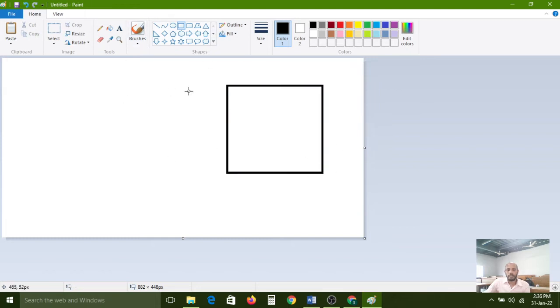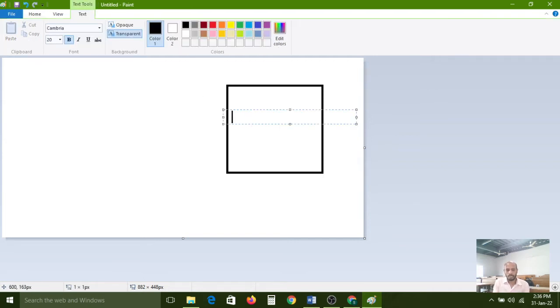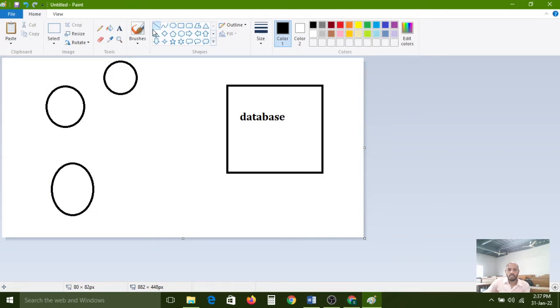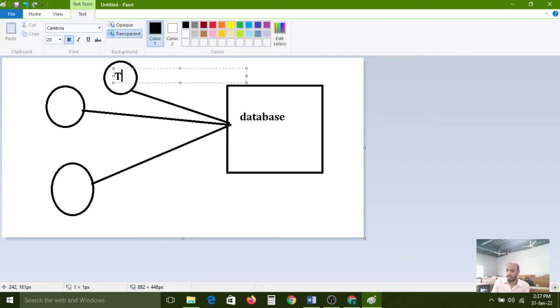This database is receiving requests, transaction 1, transaction 2 or transaction 3, all at the same time, trying to access it: T1, T2, T3.